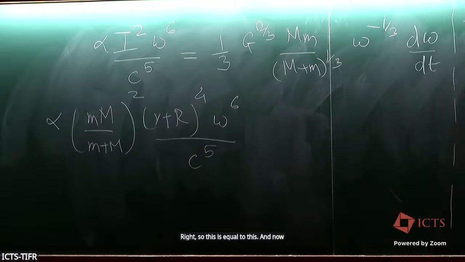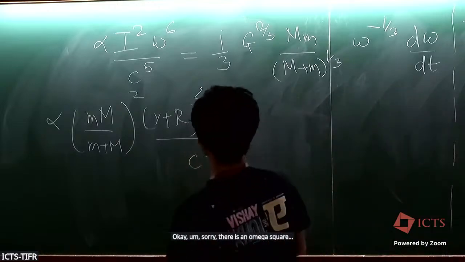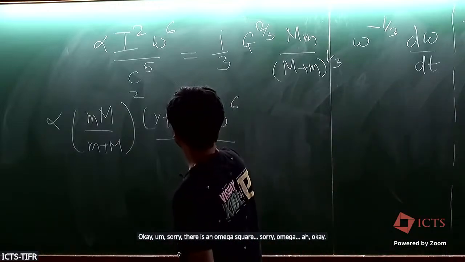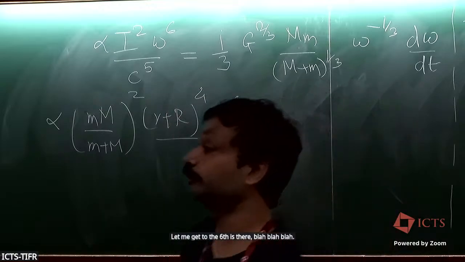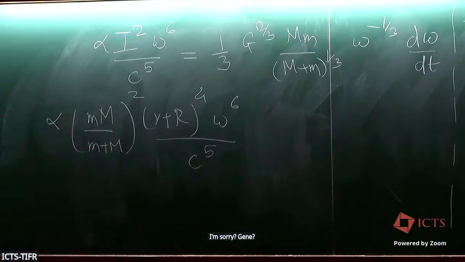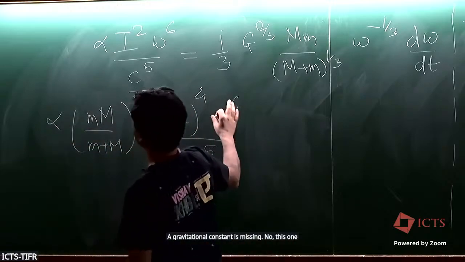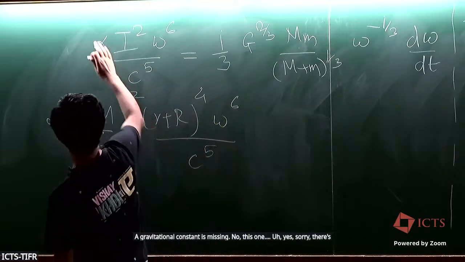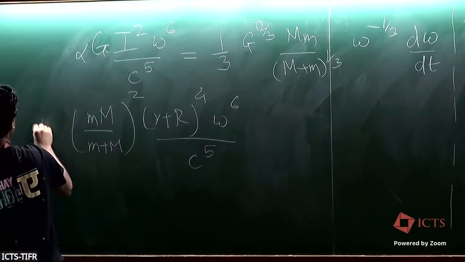And now you basically start collecting all these terms, okay? Sorry, there is an omega, okay. Omega to the sixth is there, and so on. I'm sorry? G? Gravitational constant is missing. No, this one, yes, sorry, there's a G here, right? Absolutely.